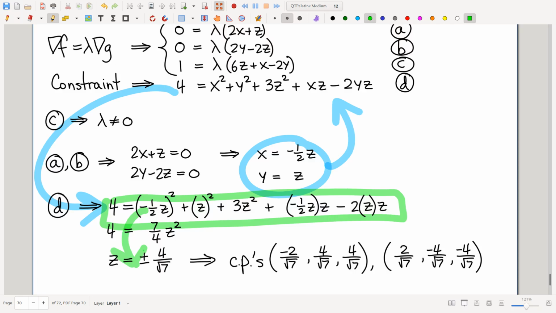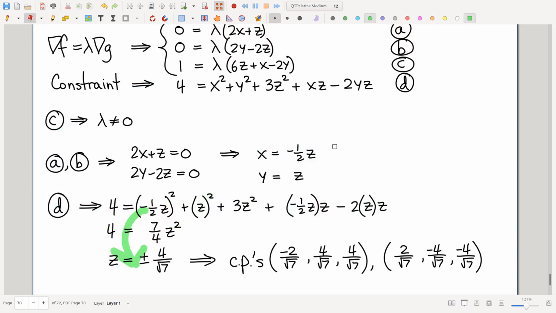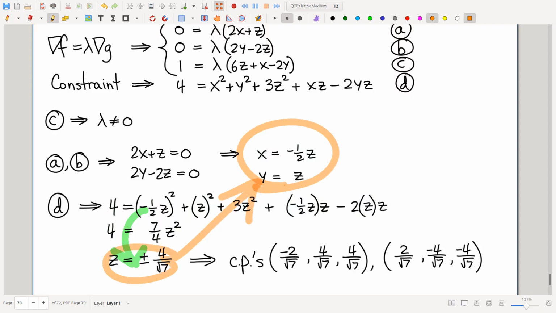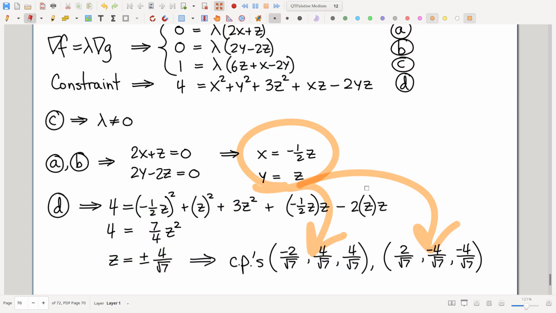And once you know z, that tells you your x's and y's that correspond. Everybody all right? Okay, so that's where the landmines are on this kind of algebra.